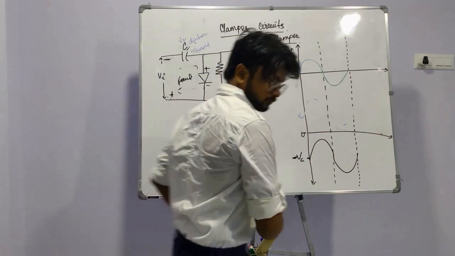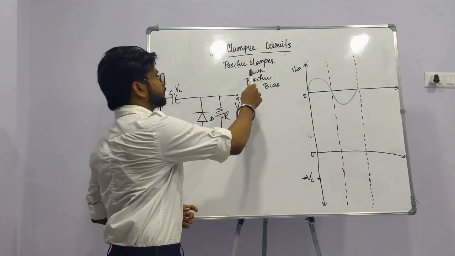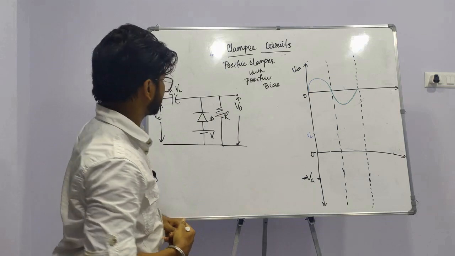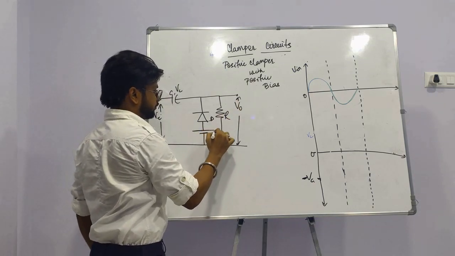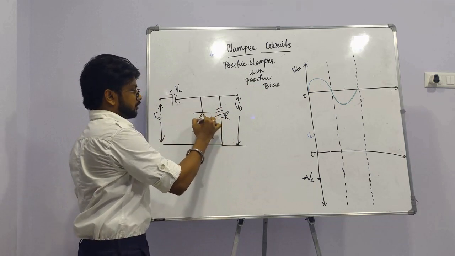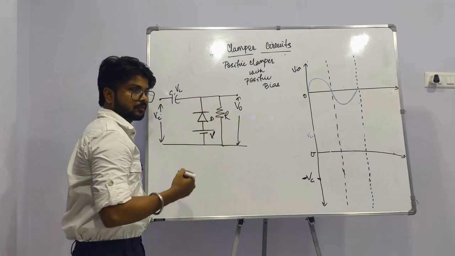Now, let us start with the positive clamper with positive bias condition. In positive bias condition, our DC voltage source is added in series with the diode.